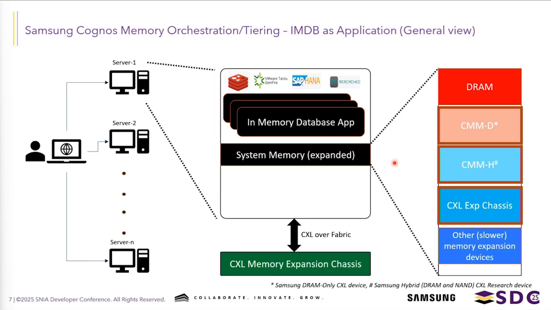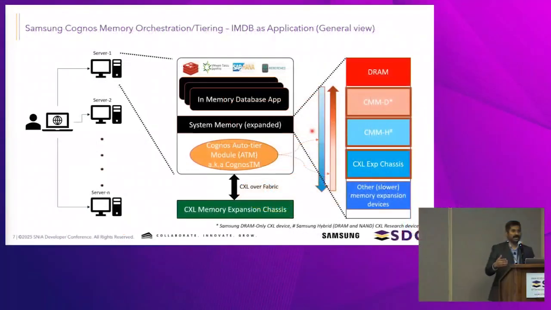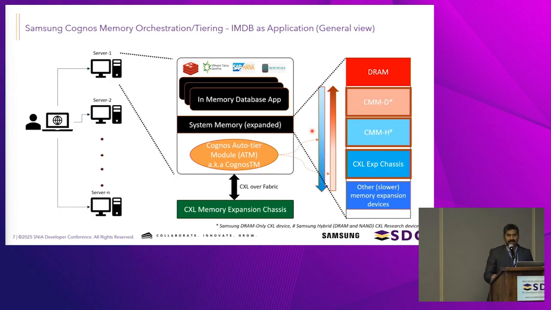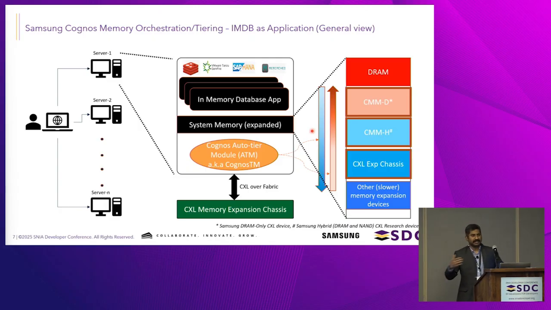Then what is the memory orchestration or tiering component bringing in? We have the auto tier module, which scans through the hot pages in the lower tier and moves them up, and moves the colder pages down. This is something we have developed, and we have optimized it based on the workload we ran. We found that based on the workload, you can optimize the way your algorithm works. So that is the generic view; let's go to the experiment we did.